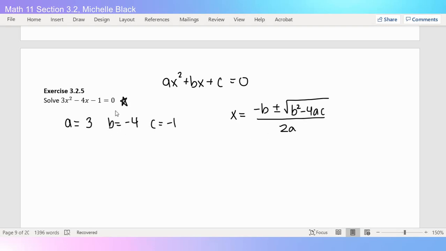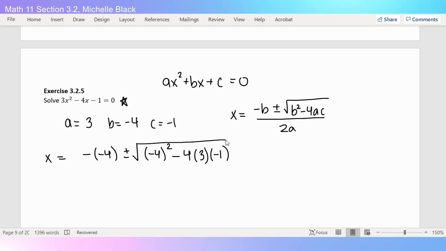And we're going to substitute in our a, b, and c to the corresponding spots in the formula. So x is equal to negative 4, that's my b, plus or minus the square root of b squared. Well, that's negative 4 squared minus 4 times a, which is 3, times c, which is negative 1, all over 2 times a, which is 3.